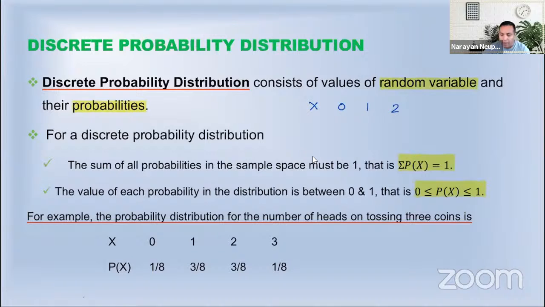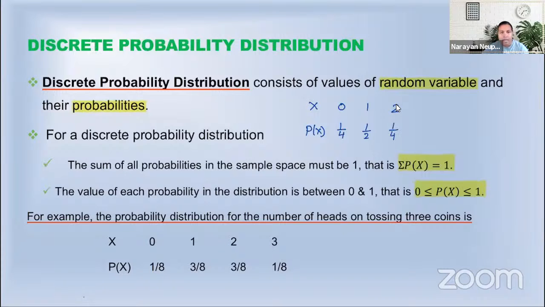If we find the probability of each, P of X, for example, the probability of getting 0 heads while tossing 2 coins, suppose it is 1/4. The probability of getting 1 head while tossing 2 coins, suppose that is 1/2. And the probability of getting 2 heads, both heads, that is 1/4.